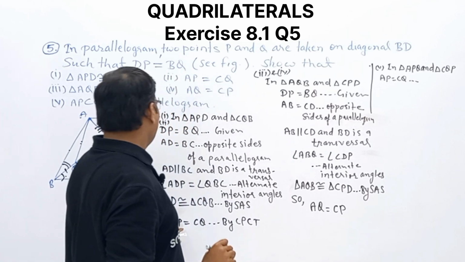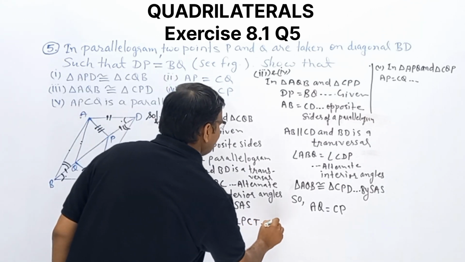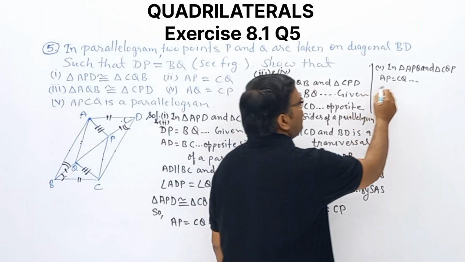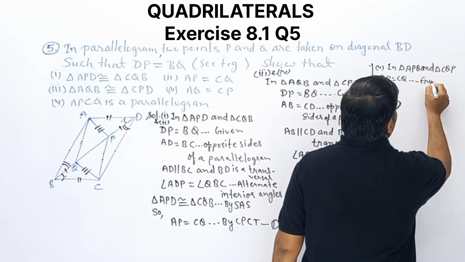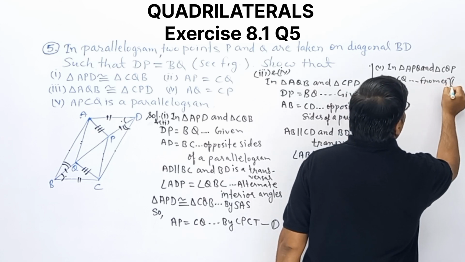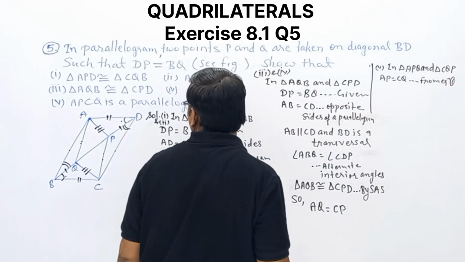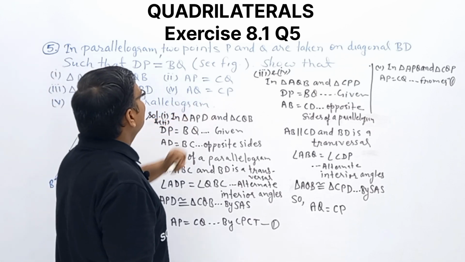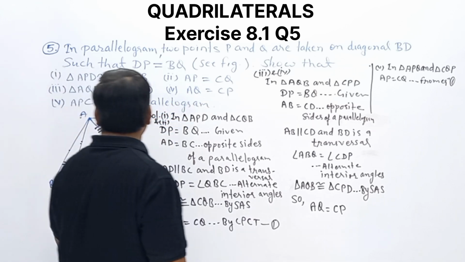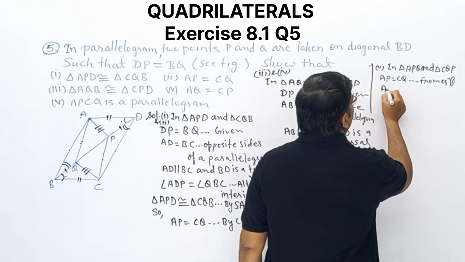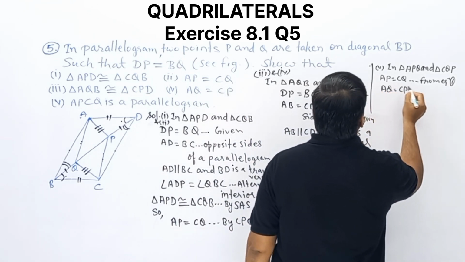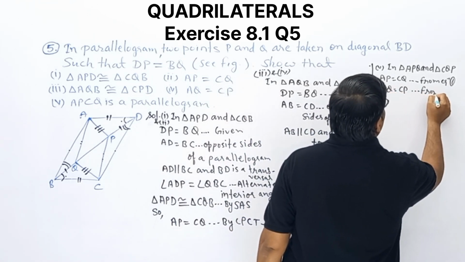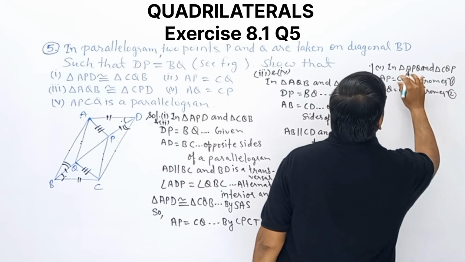We proved AP equal to CQ. I am putting this one as equation number 1. AP equal to CQ from equation 1. Another thing, now we just proved AQ equal to CP, from equation 2, for these two triangles.